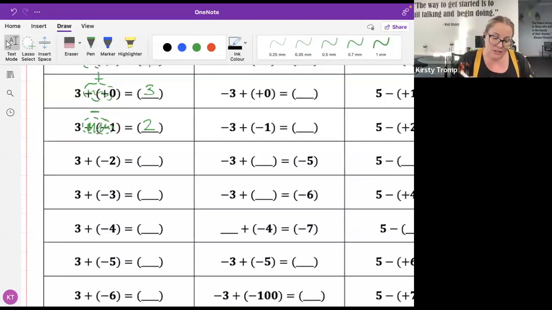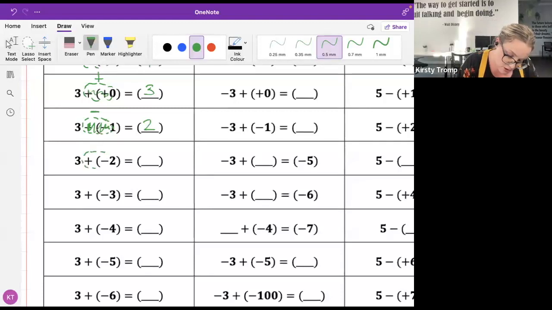All right, I've got a positive sign and a negative sign right next to each other. So what do I need to do? I need to draw a circle around those. I cross them out and it becomes a negative. So 3 minus 2 is going to give me 1.